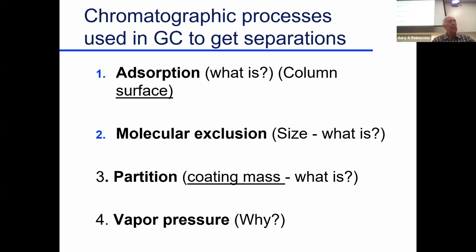Partitioning is where you do have a liquid coating inside your column and it's fairly thick. So the analyte is going to dissolve in it and move back out, dissolve in and out. And also volatility. Keep in mind that we do temperature program these things. We start off maybe at 50 degrees centigrade, something like that. Some compounds will be very volatile at 50 degrees centigrade and will want to move on their way. Others, no, they're still staying liquid.